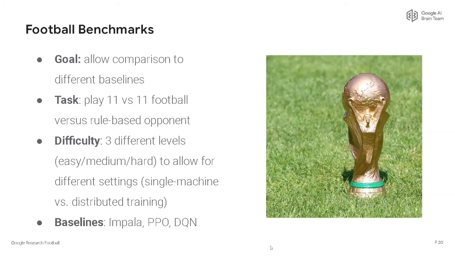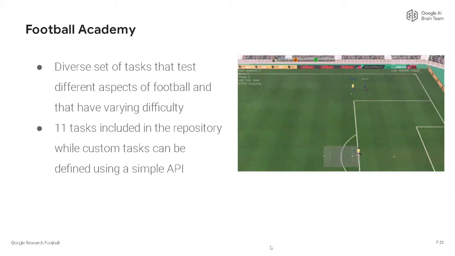And there are 3 different levels of difficulty, which are also described in the paper, so you can compare an easier or harder scenario depending on your progress of research. Then we have Football Academy, which provides you with a diverse set of tasks that you can try to solve, and they consist of different difficulty levels.